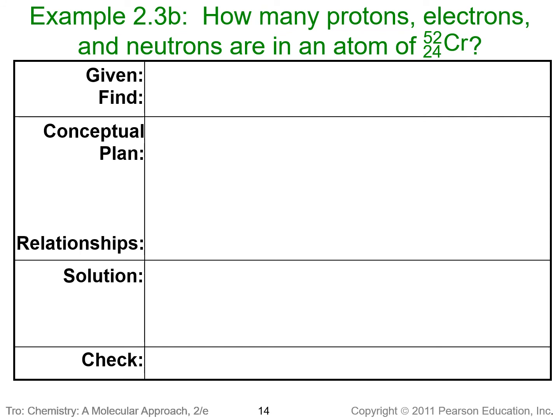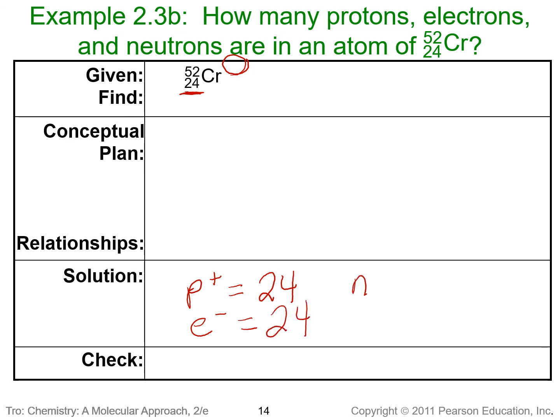Let's find out how many protons, electrons, and neutrons are in an atom of chromium-52. We are given our atomic symbol, so we can find our number of protons. Protons, again, are given by the atomic number. Because it's neutral, there's no charge written, so our electrons are going to be equal.